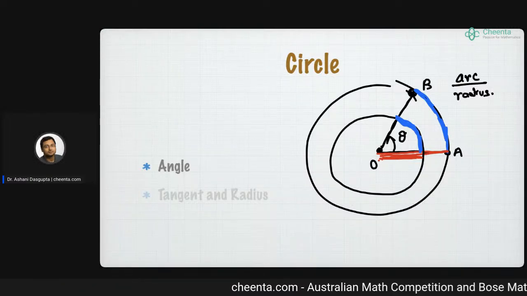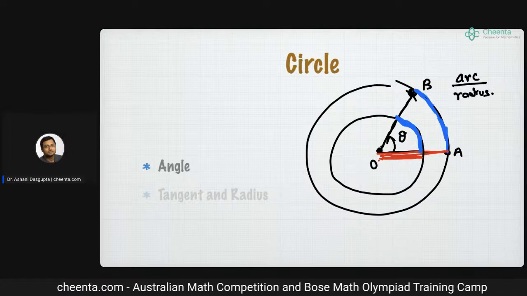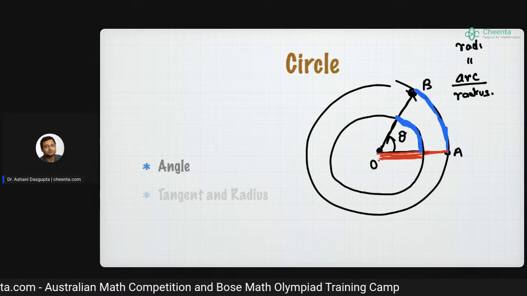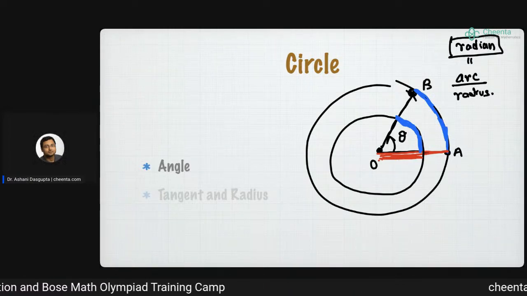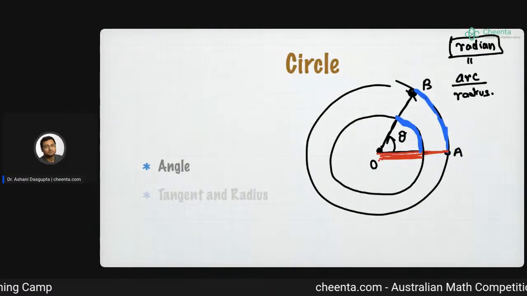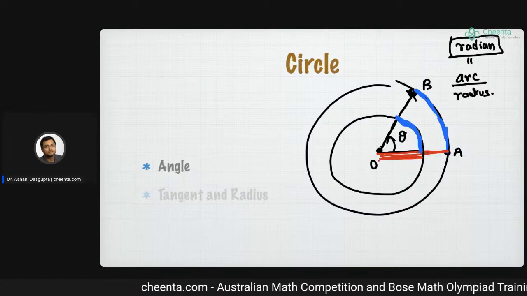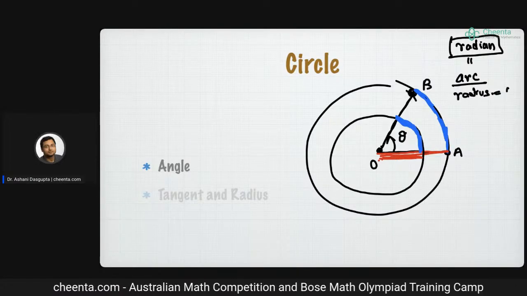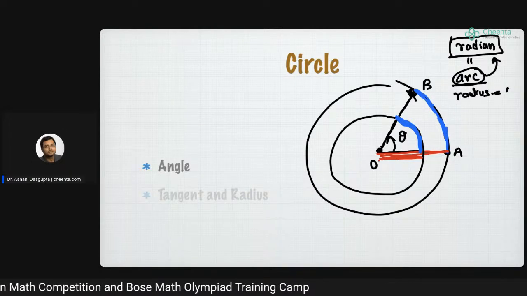Yes, this ratio is sometimes called a radian. The value of this ratio is appended by a measurement unit, you can say, called a radian. And if the radius is 1, of course the arc length becomes equal to the radian.